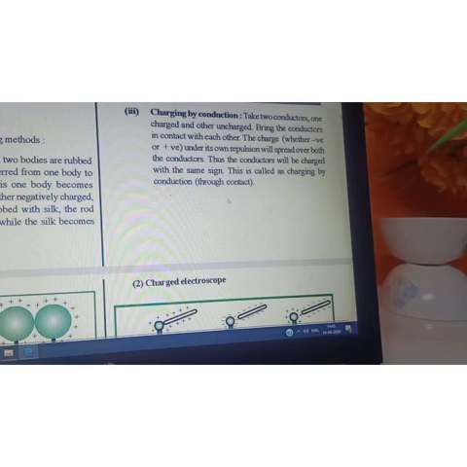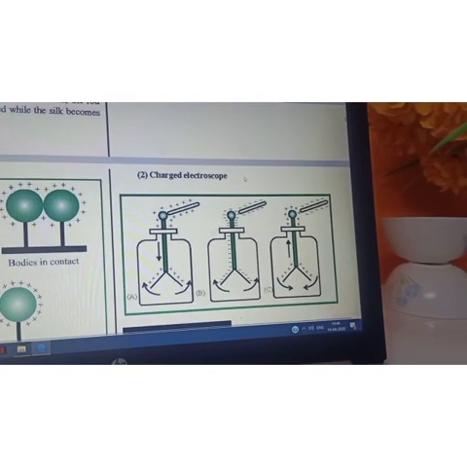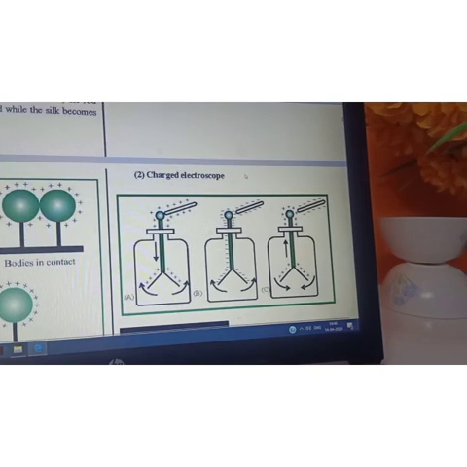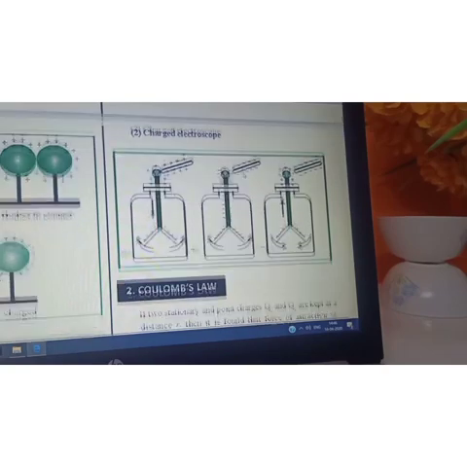This is called charging by conduction method. So conduction is a simple method: a charged body is just brought near the uncharged one and touched to it.